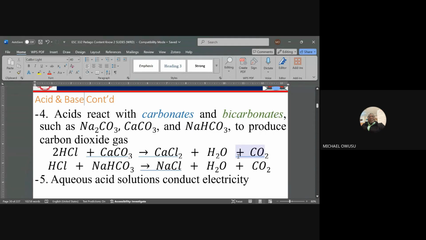Therefore, the rule that metals react with acid to produce hydrogen gas and salt does not always apply to metalloids, because it depends upon the type of acid and the type of metal you are using.